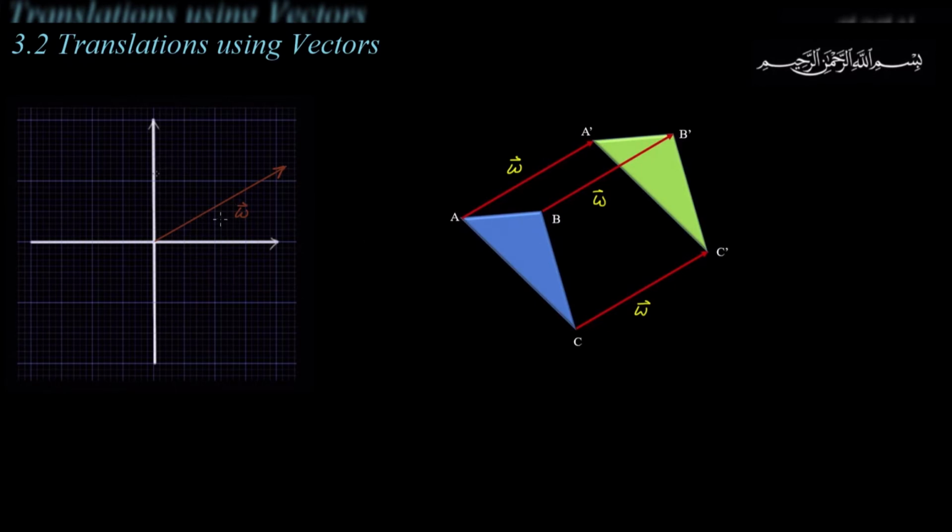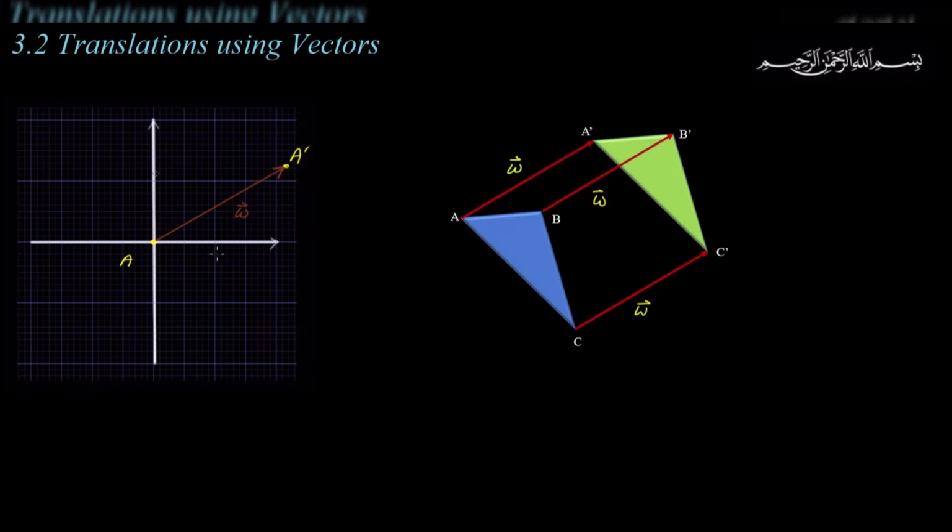This, in fact, is a vector that has two endpoints, from here to here. If you were to give this vector a name, let's say this is A and this is A prime. Sorry, I meant to say A and A prime. As I said, you can also use the endpoints to name the vector, so you can call this vector AA prime, or simply vector w.